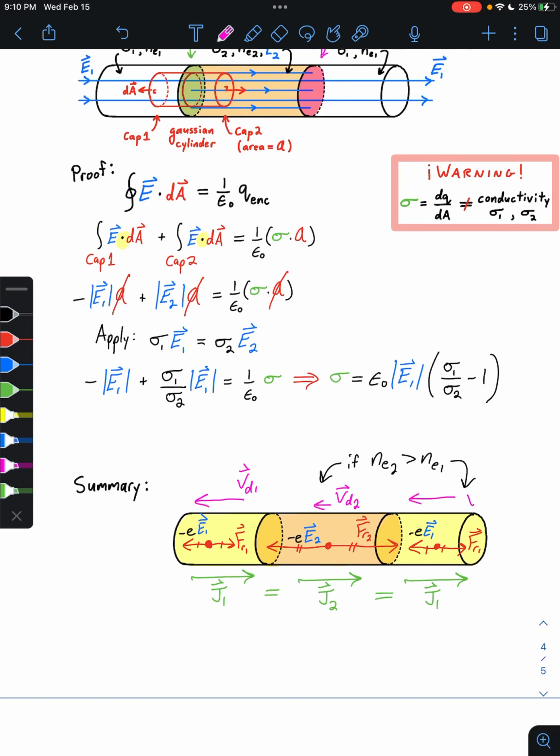So the higher concentration of electrons in region 2 would be drifting at a lower speed to generate the same current that a low density of electrons moving at a high speed generates in the surrounding media.